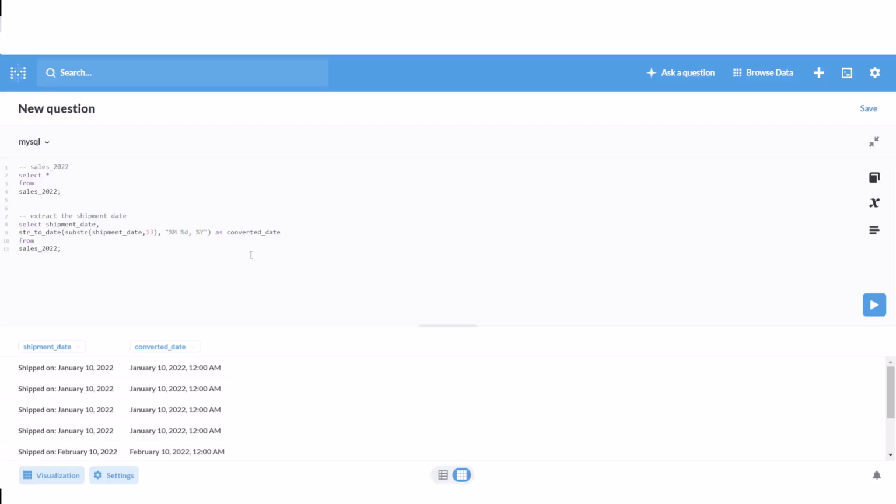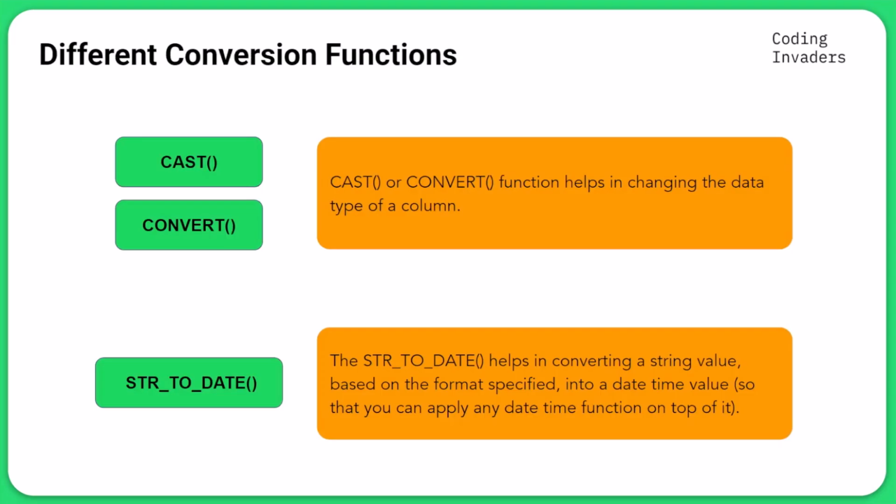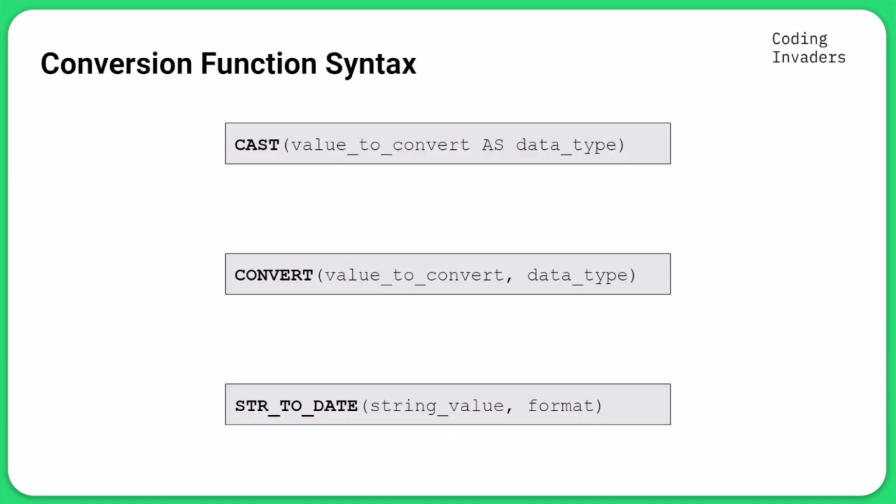So this was about string to date. All right. We learned about 3 functions. We looked at cast and convert, which are used to change the data type of a column. Then we looked at string to date, which helps us convert a string value, based on a specified format, into a date time format, so that you can apply any date time function on top of it. This is the general syntax that we use.